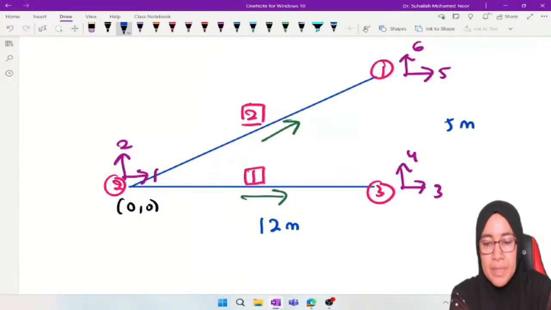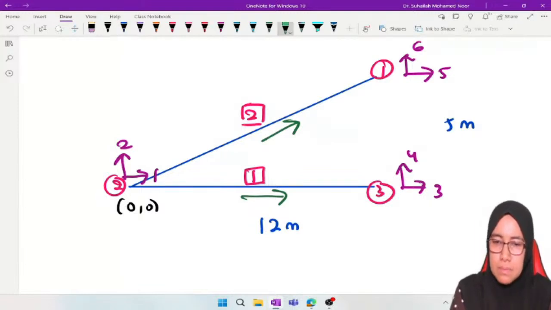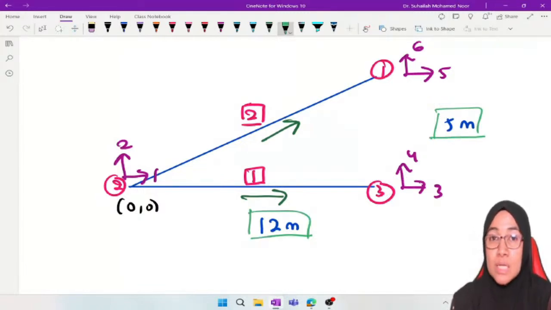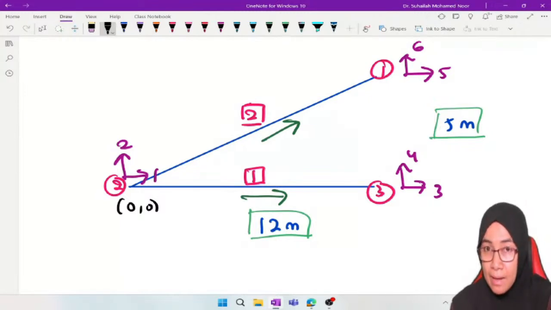Now, can we put the coordinates when we have an origin? When we have an origin, yes, we can put the coordinates, x and y from the origin that we have chosen.